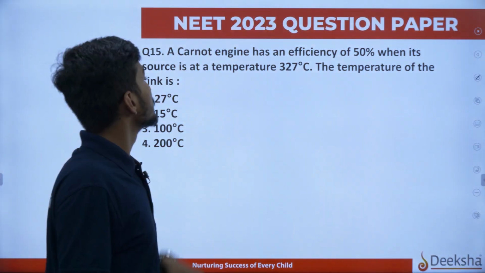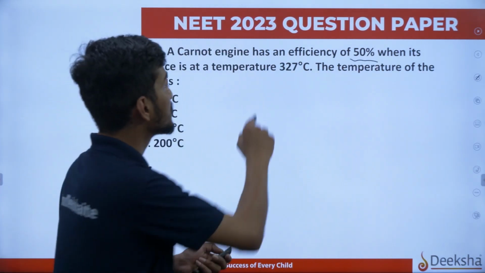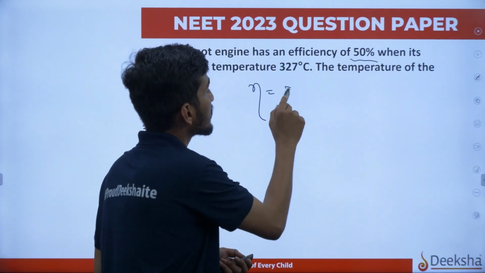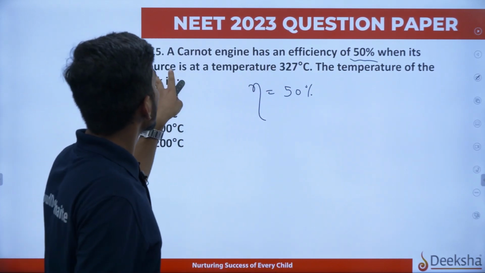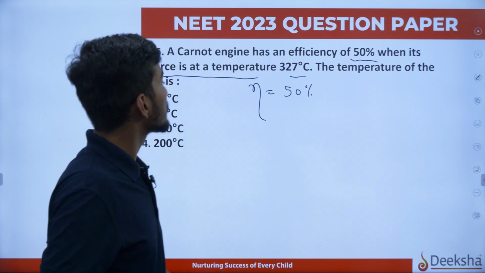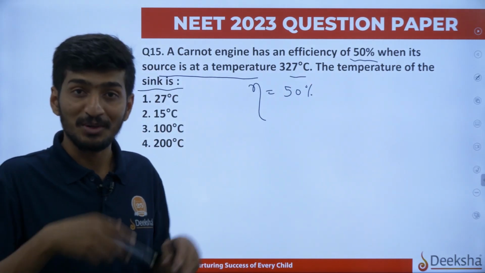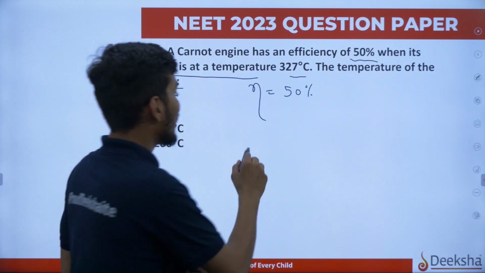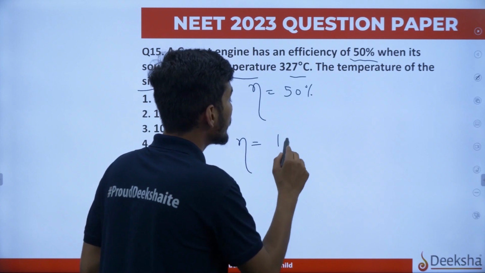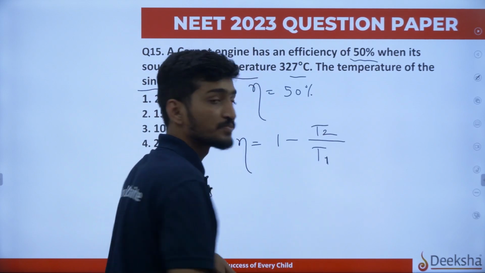Let's move on. A Carnot engine has an efficiency of 50%. So efficiency eta is given as 50%. Source temperature is given as 327 degrees Celsius. Then the temperature of sink is the less one, source is the bigger one. It goes from source to sink, a little bit of output, correct? And the formula of efficiency is 1 minus sink by source.